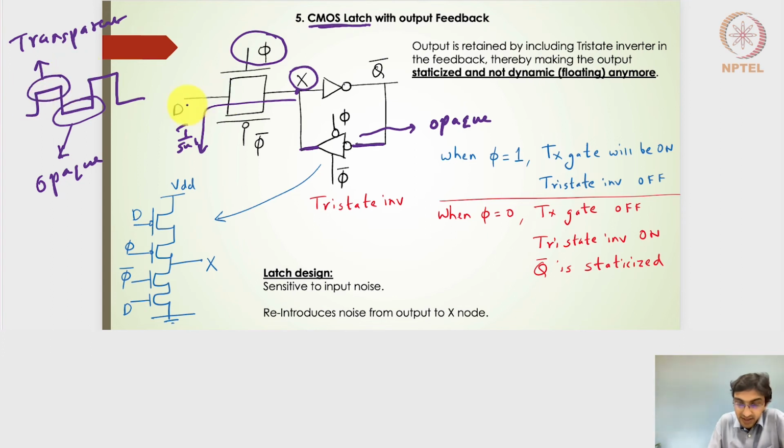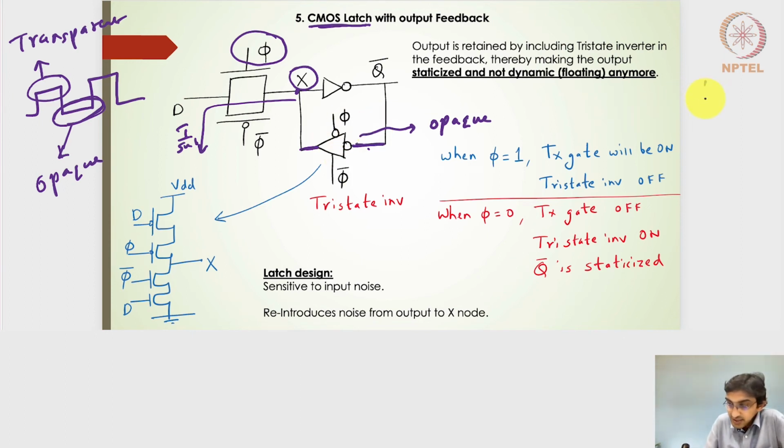The high level should pass the signal. The tri-state inverter ensures that the low level clock signal is supplied to it, so that we have the complement of this input at the output during the low level of the clock. That's why the complement of the clock signal is provided to this tri-state inverter.